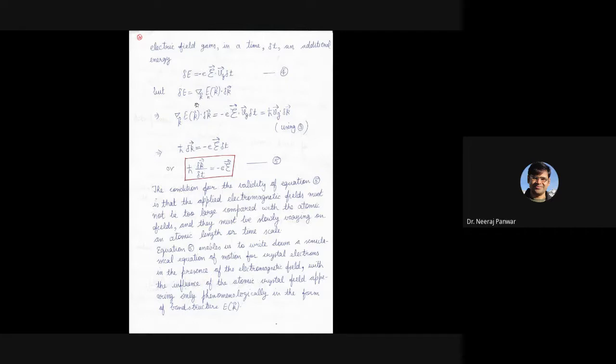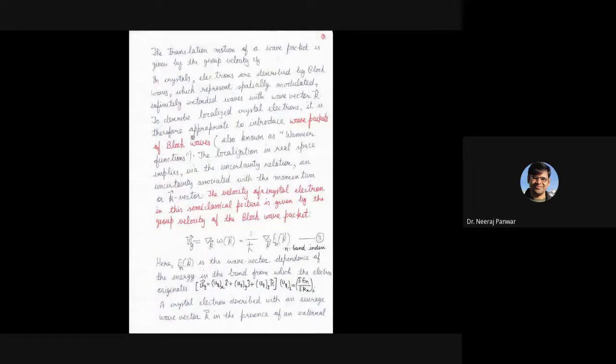But we also know that delta E is equal to the gradient of energy with respect to K, taking its dot product with the change in K. That will give us delta E. We compare the two expressions. So del Ek dot dk is equal to minus E, the electric field, dot Vg del T. Now we can write the expression for del K E N K. It would be H cross Vg.